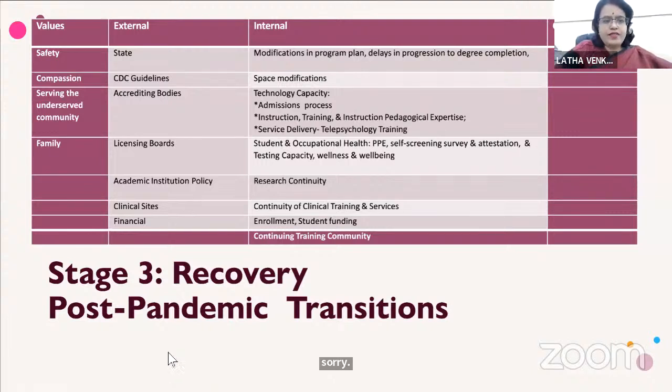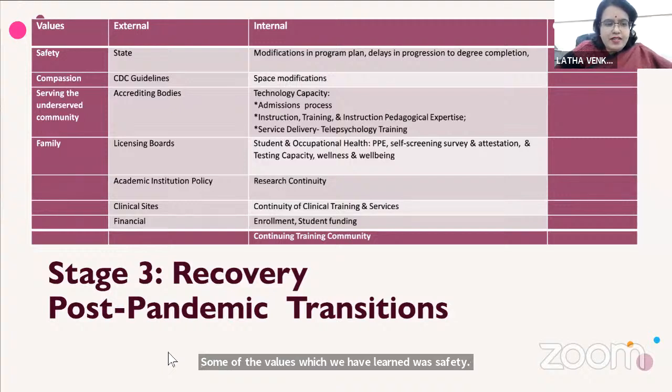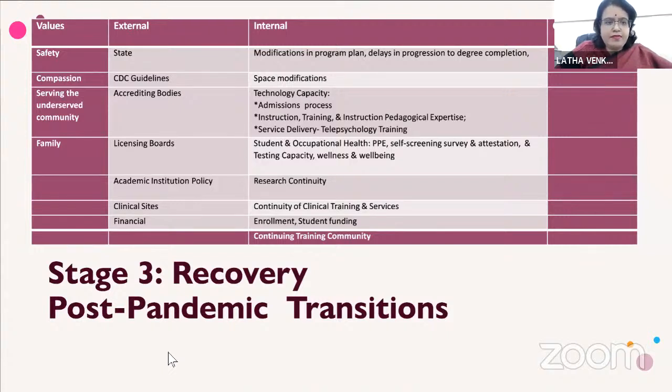Some of the values which we have learned were safety, compassion, serving the underserved community, and taking care of our family members. Or we got more time to spare with our family members.